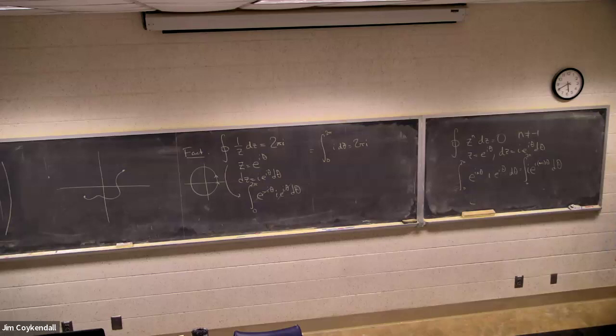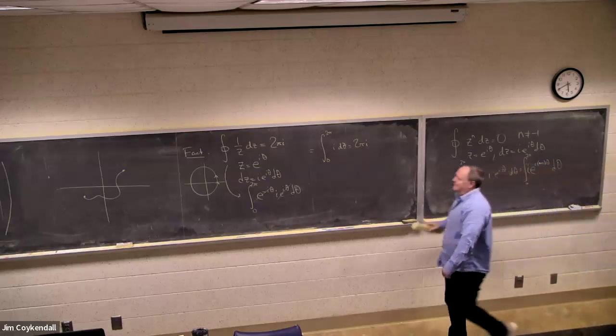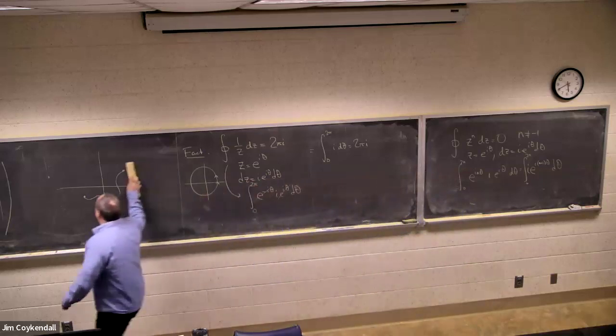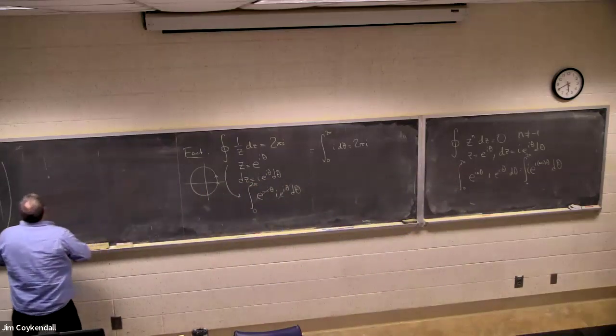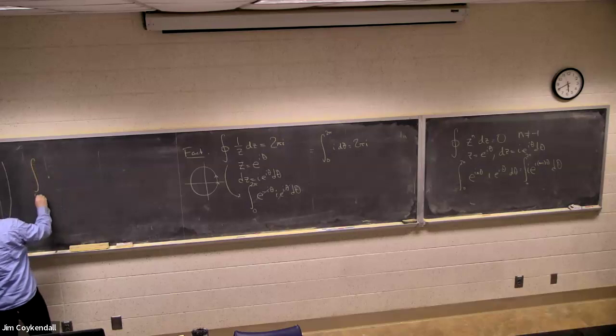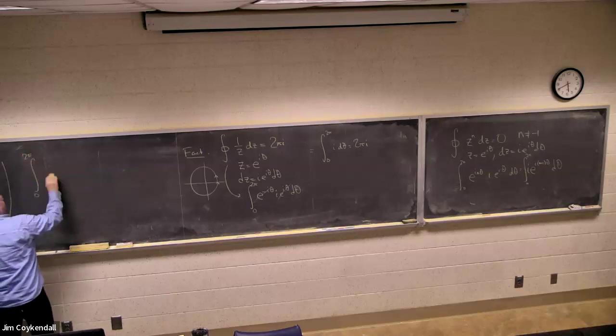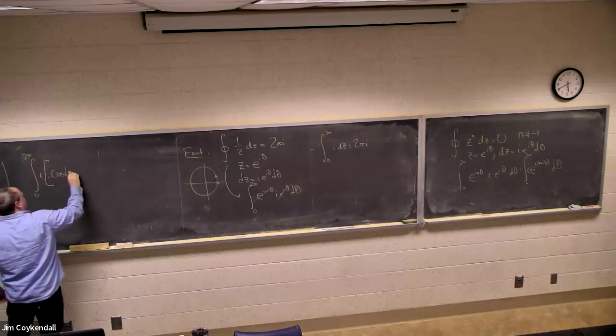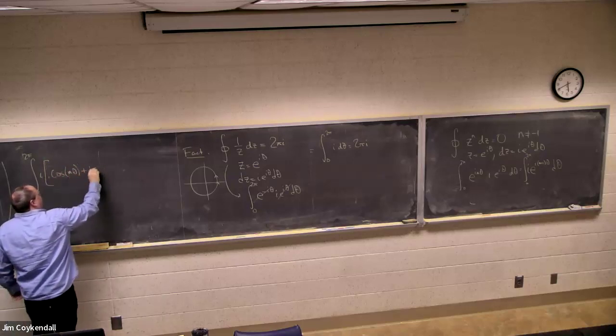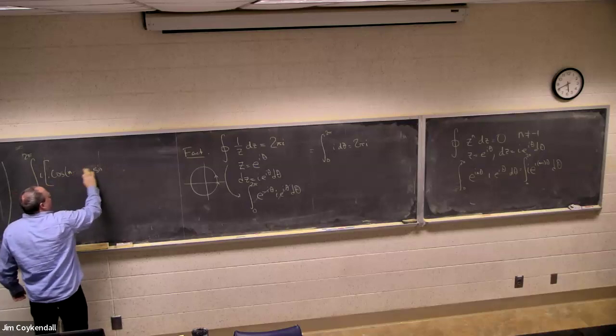You wonder why that's 0? This might help. This is the integral from 0 to 2 pi of i times cosine of (n+1) theta plus i sine, well, I guess it should be n plus 1, shouldn't it?